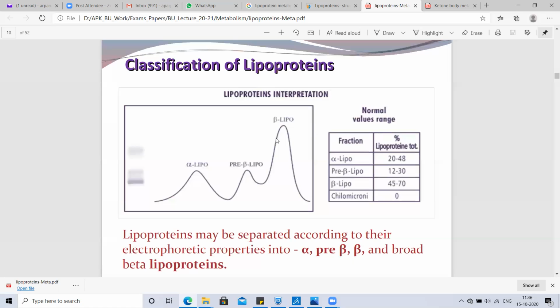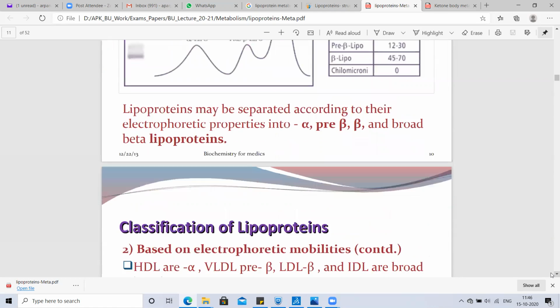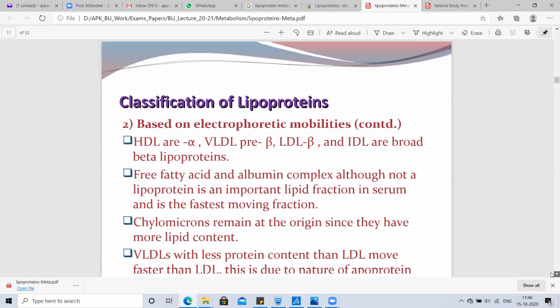You can see the concentration of these. Alpha lipoprotein is between 20 to 48, pre-beta lipoprotein is 12 to 30, and beta lipoprotein is 45 to 70. Lipoproteins may be separated according to their electrophoretic properties, which we have seen.